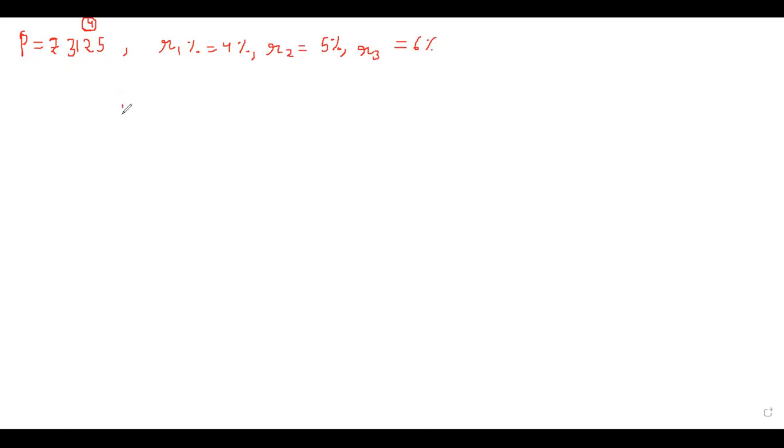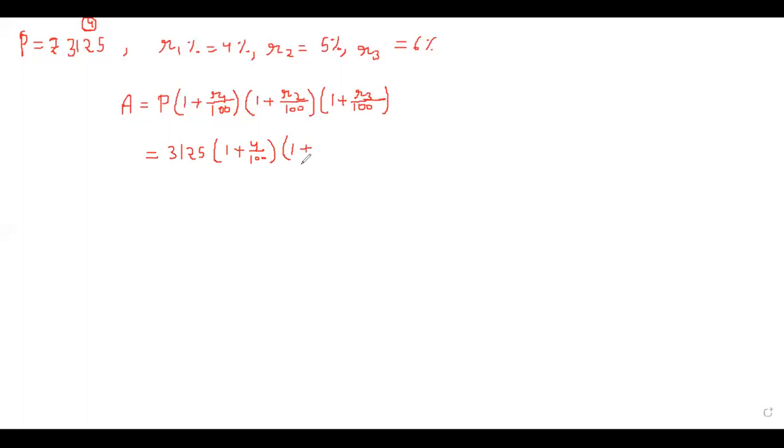First, we find the amount. For the case in which the 3 consecutive years have different rates of interest, we use the formula: 1 plus R1 by 100 into 1 plus R2 by 100 into 1 plus R3 by 100 equals 3,125 into 1 plus 4 by 100, for the first year. For the next year, it is 1 plus 5 by 100.